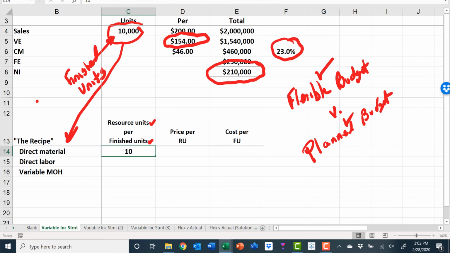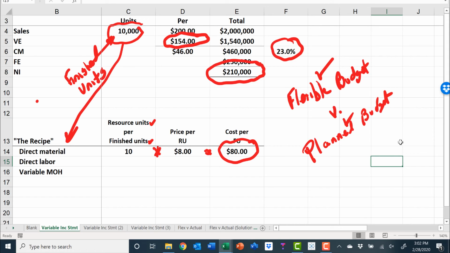And here, also in the text of the problem, it tells you that the price per yard is $8, and as a result, the total cost of a finished unit is going to be $80. So it's the 10 times the 8 is going to equal the 80.